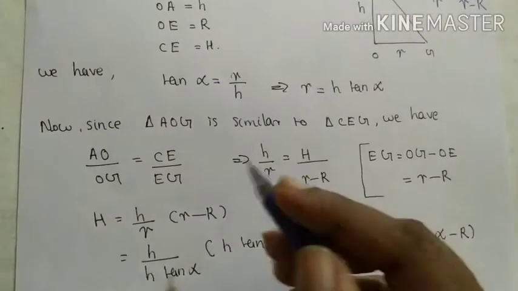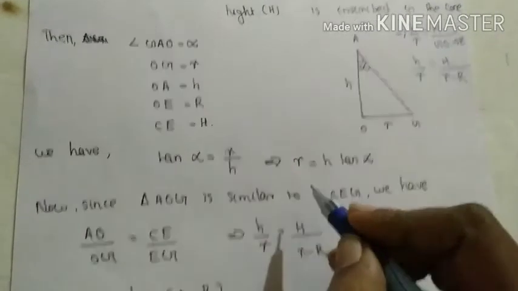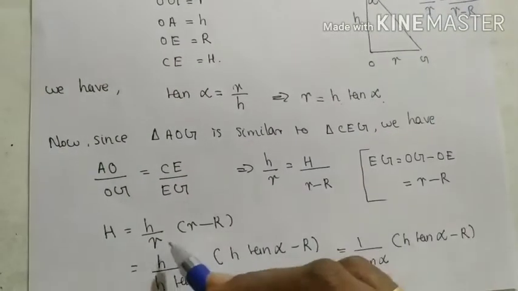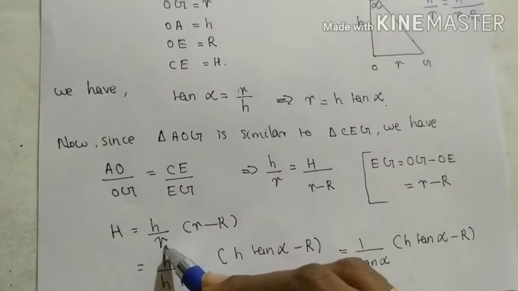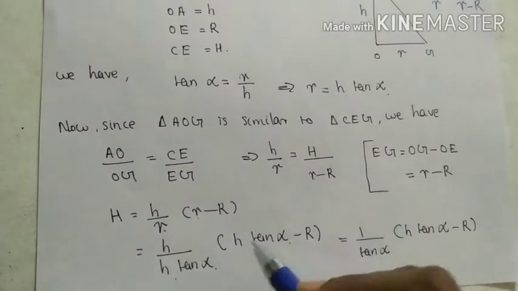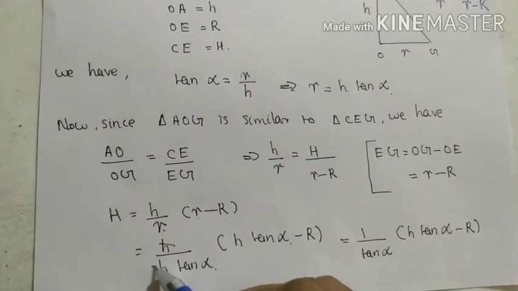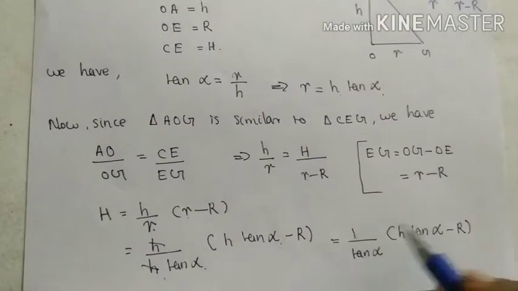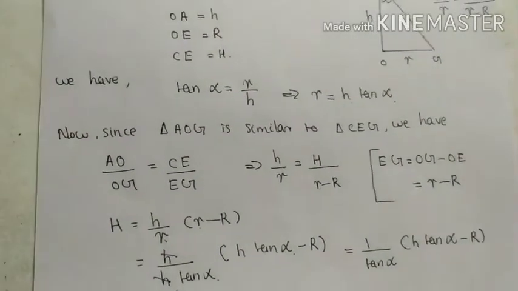Replacing this r by h tan alpha, we get on the denominator h tan alpha. Here these two h will cancel and we get 1 by tan alpha into (h tan alpha minus R).